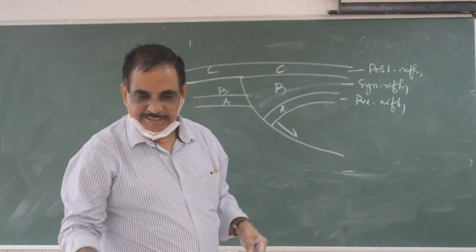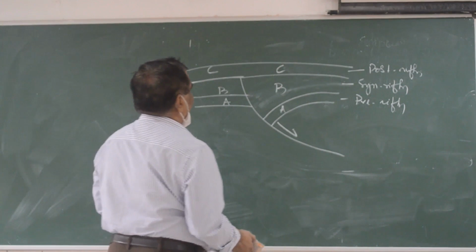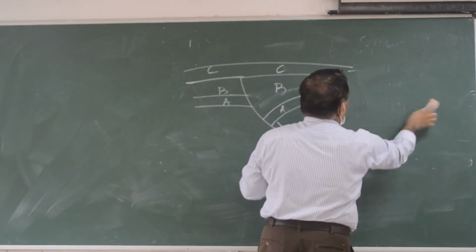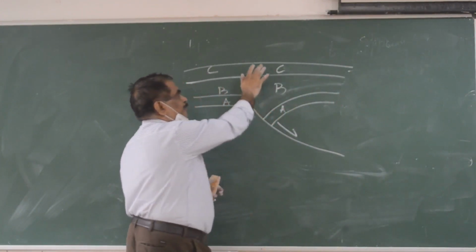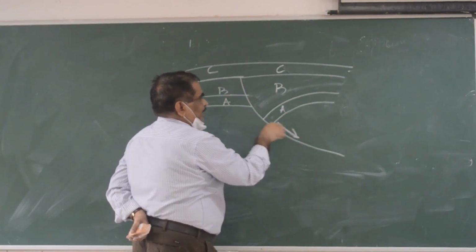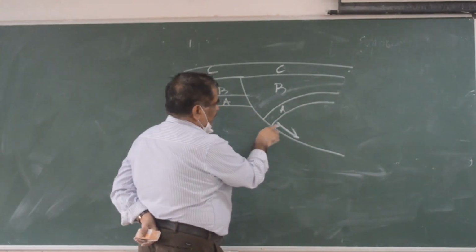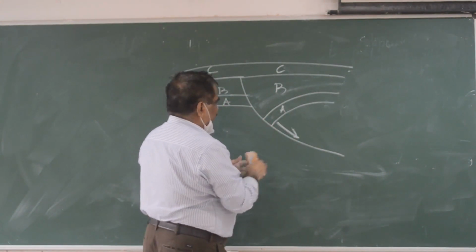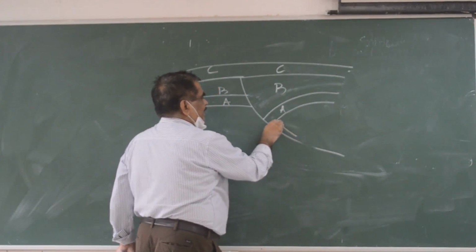Now, the point is, what is basin inversion? Once a basin forms like this with pre, syn and post sediments, this type of faulting was happening during drifting. After a few million years, this arrow, which is downward, will now work as upward.